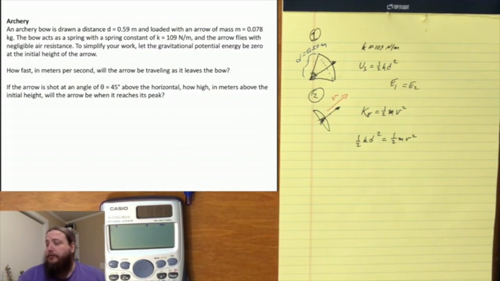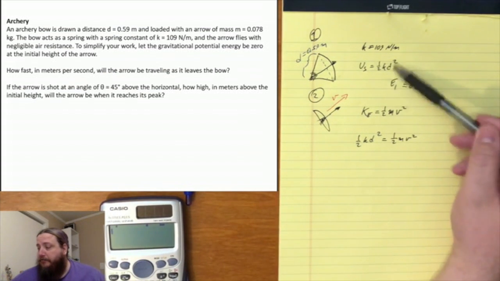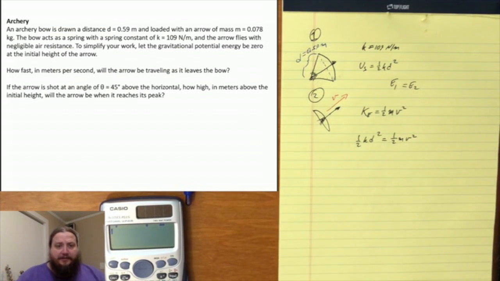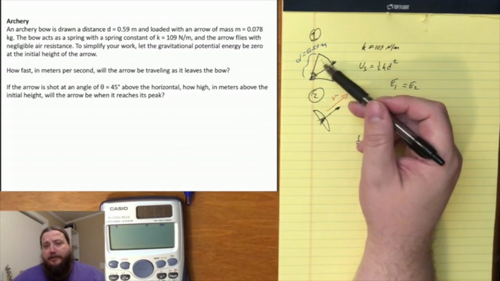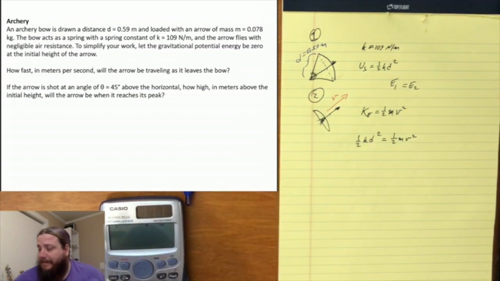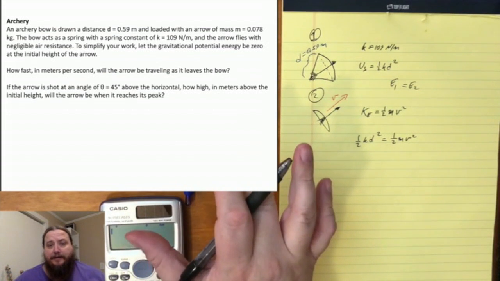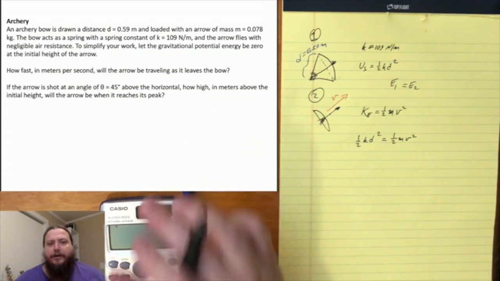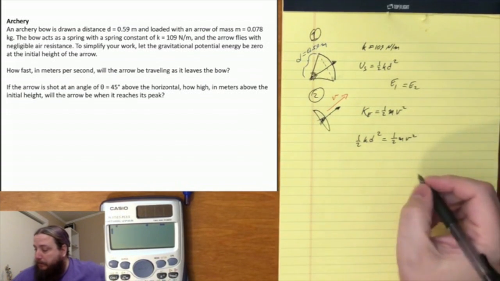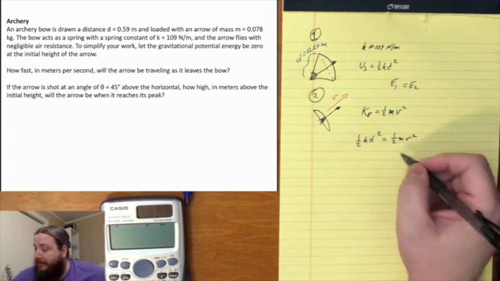However, compared to the spring potential energy that we're going to get out of it, that change in gravitational potential energy is going to be small enough that it's probably not going to enter the picture in a meaningful way here. So we're going to go ahead and ignore that tiny amount of potential energy change that the arrow underwent while being shot by the bow. So we're just going to keep this as our equation here.